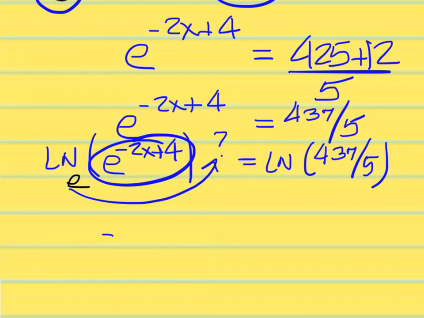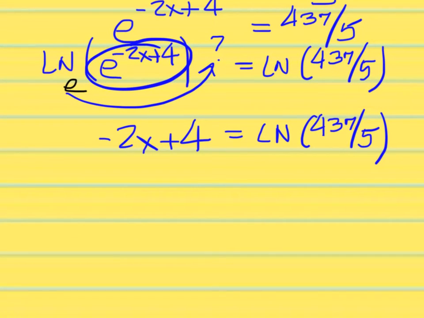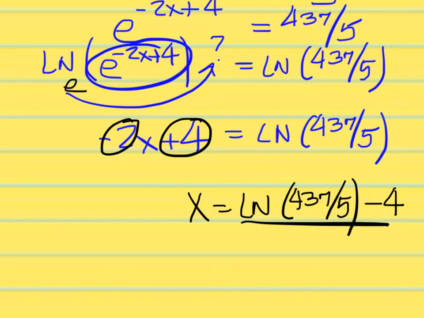That power is negative 2x plus 4. And then on the right hand side, this will stay the same. Now we have to undo these items over here. We must get rid of this and this. And when we do that, we're going to have log natural of 437 over 5. Close the quantity, subtract 4, and divide by negative 2.